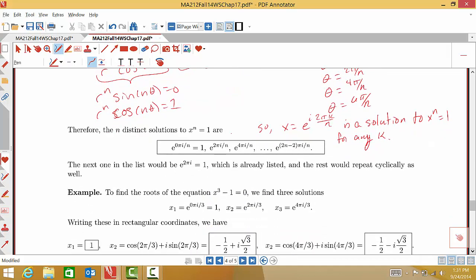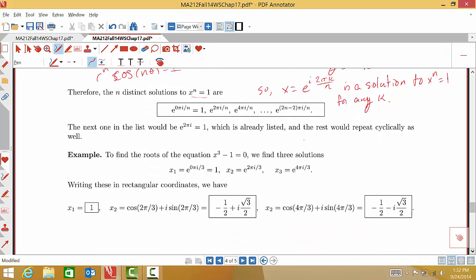These are the nth roots of unity. Nth roots of unity are solutions to this equation. They are e to the 0 pi i over n, e to the 2 pi i over n, e to the 4 pi i over n, and you keep going until you get to e to the 2(n minus 1) pi i over n.